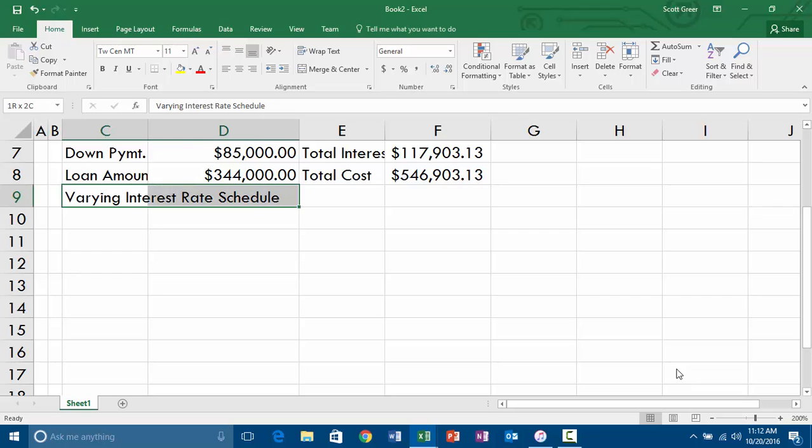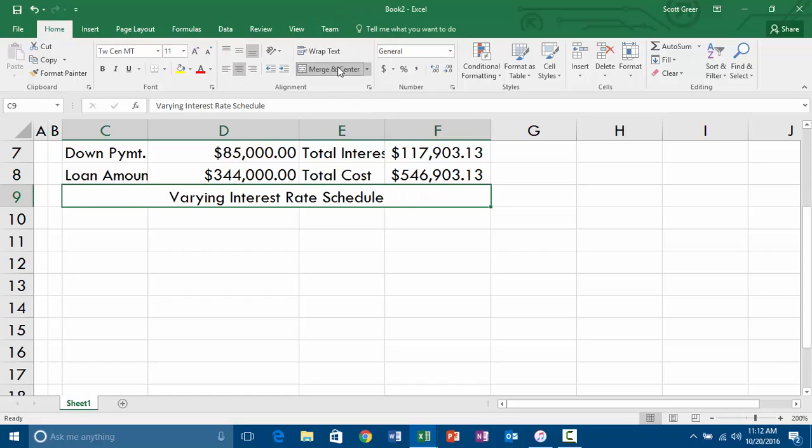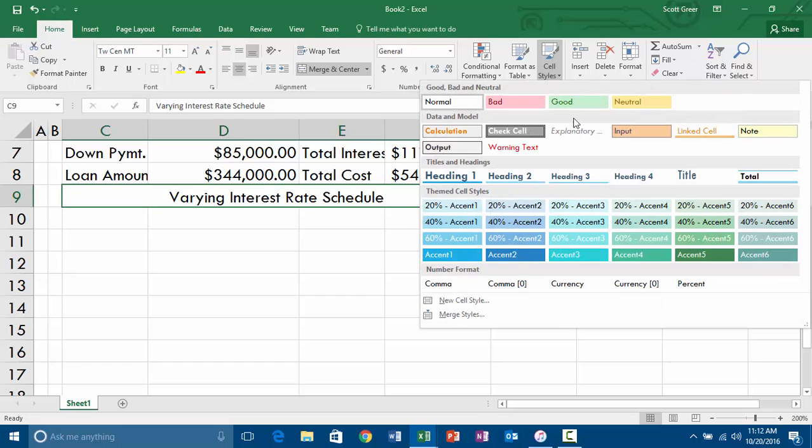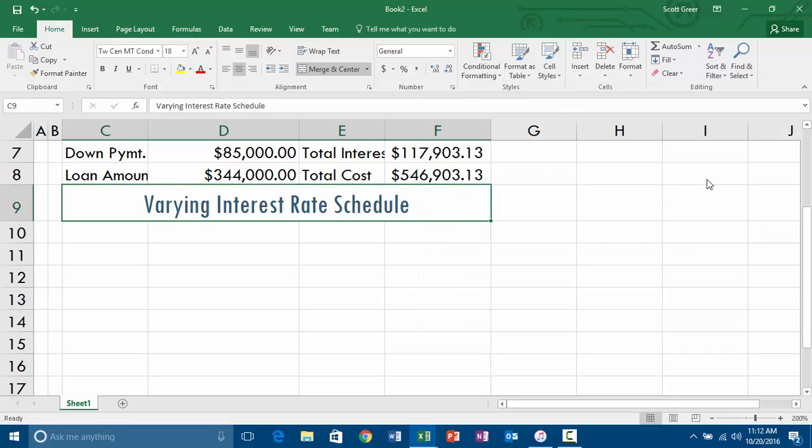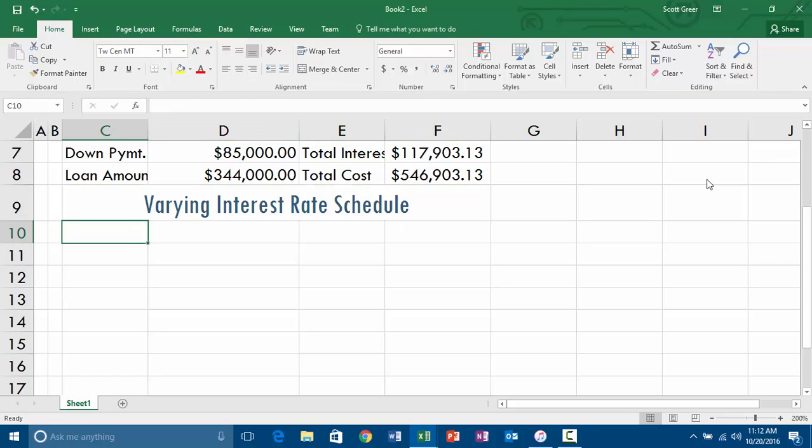I'm going to highlight C9 through F9. And then I'm going to do that merge and center trick again, right here. Merge and center. And I want to format that with a cell style to a title. This is another section of this whole thing.